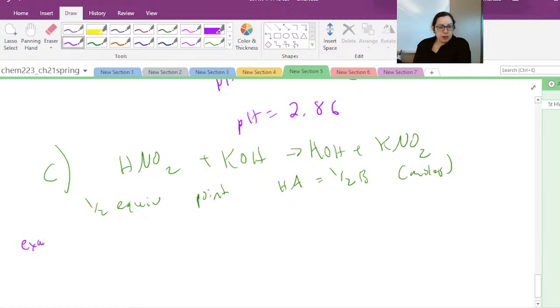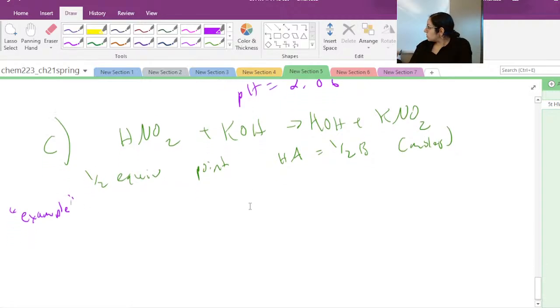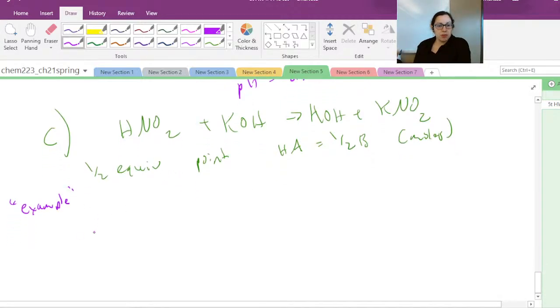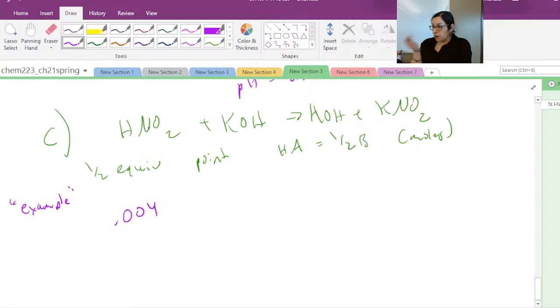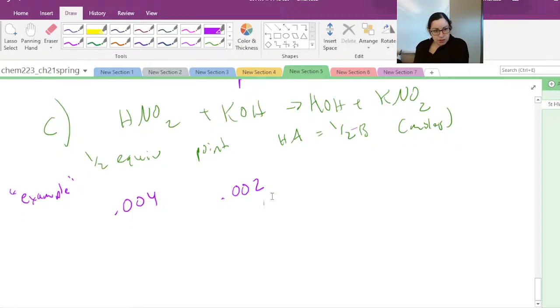And so then let's do our example. And then again, we'll see that it's just the pKa. So just thinking through, we had initially 0.004 moles of our nitrous acid. We established that. So at half the equivalence point, that would mean we have added 0.002 moles of KOH. Again, that's just by definition. And so then go through in your mind the reaction.